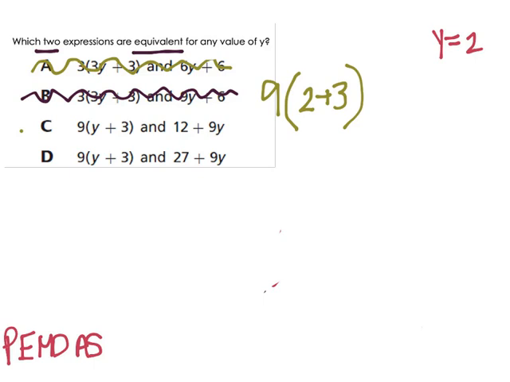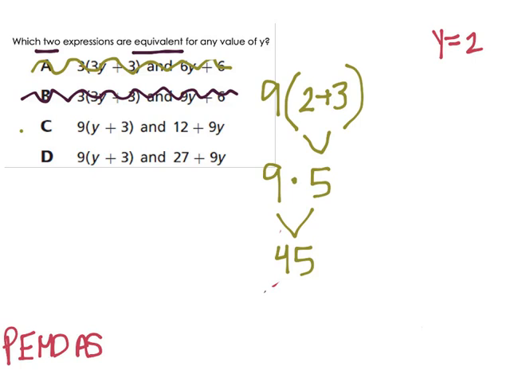Based on order of operations, I need to evaluate what's inside the parentheses first. 2 plus 3 is 5. And then we're left with 9 times 5. Again, you can leave the parentheses, or you may use a dot. 9 times 5 is 45.